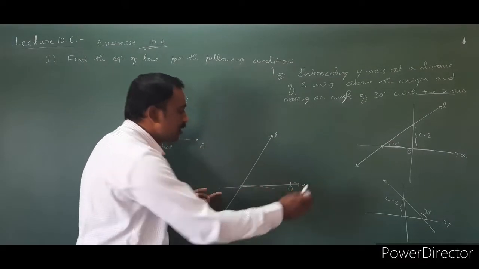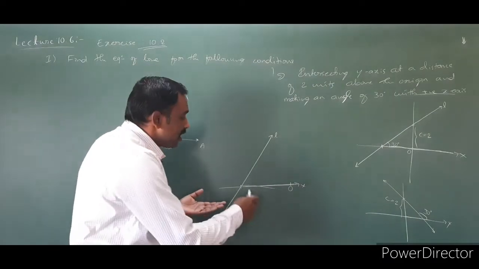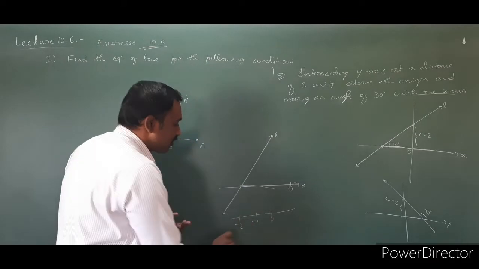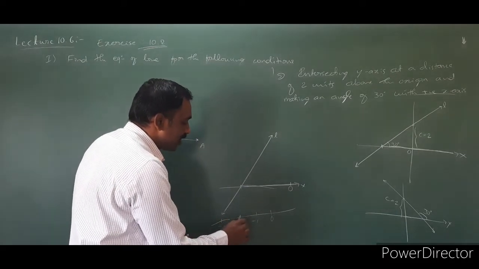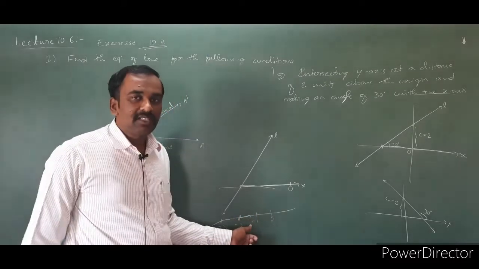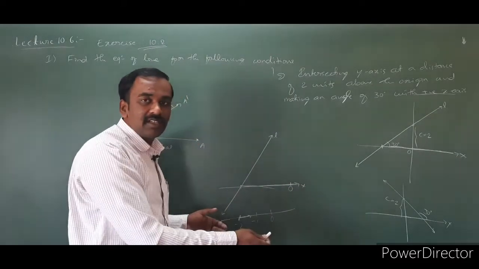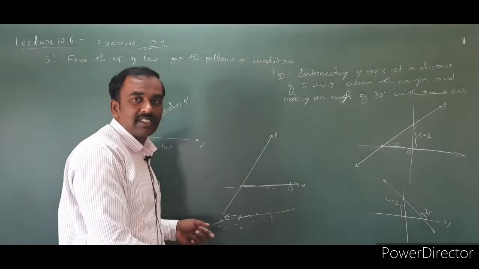Right hand side of this point is always the positive direction of the x axis, because, for example, on the real number line, here -1, -2 is there, and here -3 is there. Right hand side of -2, is it the positive direction of the x axis? Yes, I am moving right hand side, values are increasing. It is left hand side of the x axis, right hand side of the x axis.